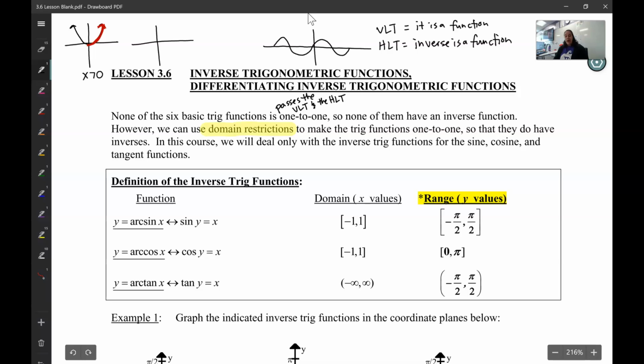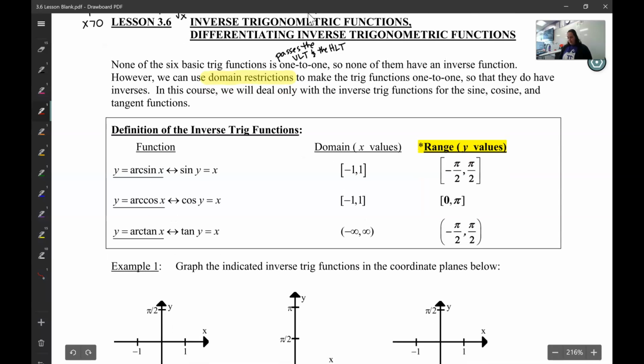That's why the graph of square root of x is only one side of your parabola, because they made that domain restriction so that the inverse is also a function. That's the whole point. So right here, in the definition of inverse trig functions, your inverse trig functions all have domain restrictions so that the inverse is a function.